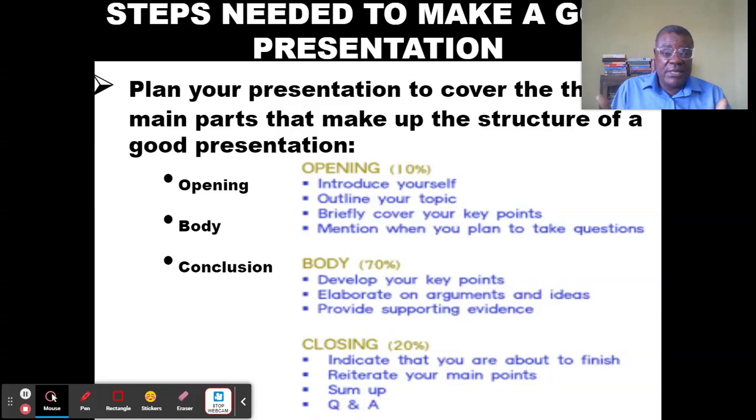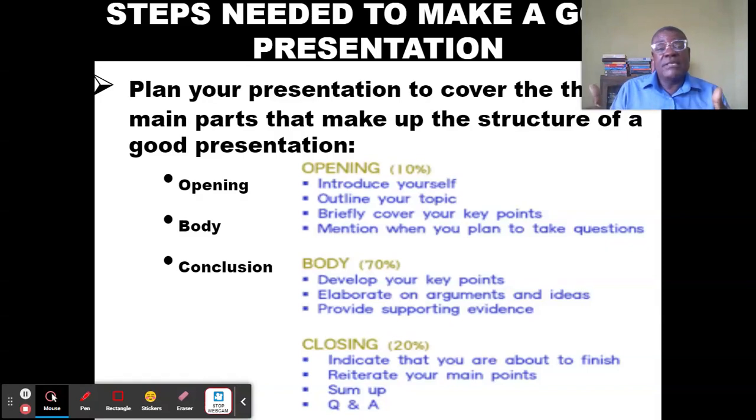that you're about to finish. Let them know you are rounding off, and then you reemphasize your main points, you summarize everything you have said, and then you tell them it's time for them to ask questions, if any. It's time for questions and answers.